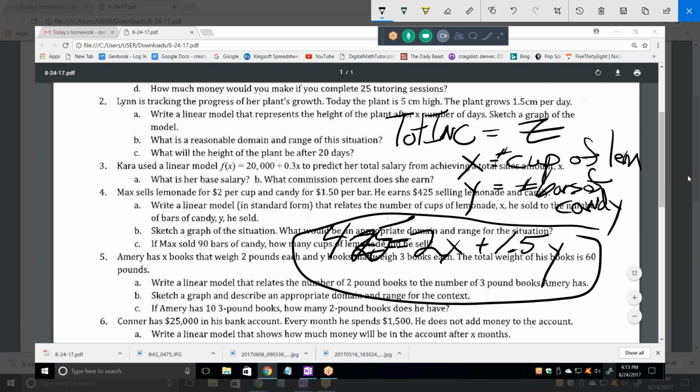Notice that there could be all kinds of combinations of X and Y that would equal 425. So there is an infinite number of solutions for that equation. There's not just one solution.